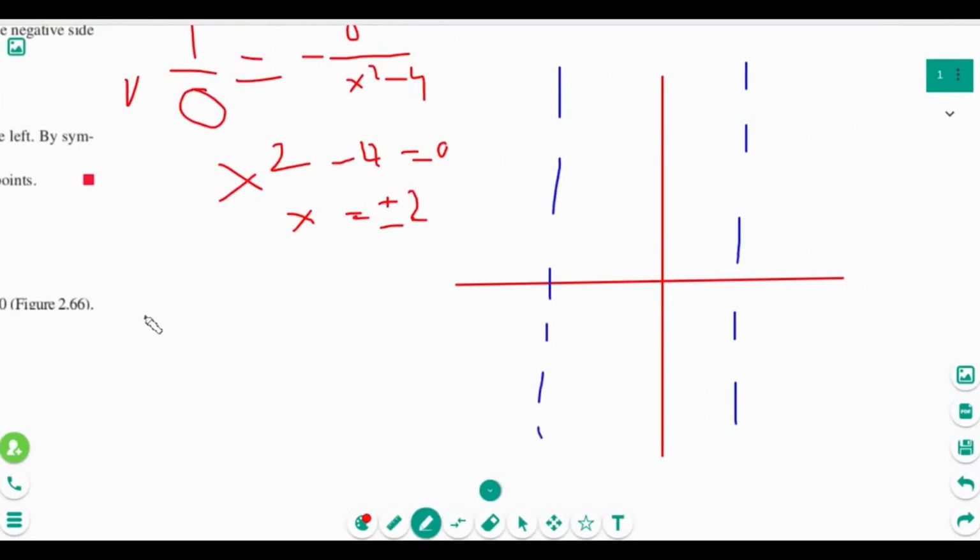Right? So how do you now draw it, you just have to substitute values, is it?